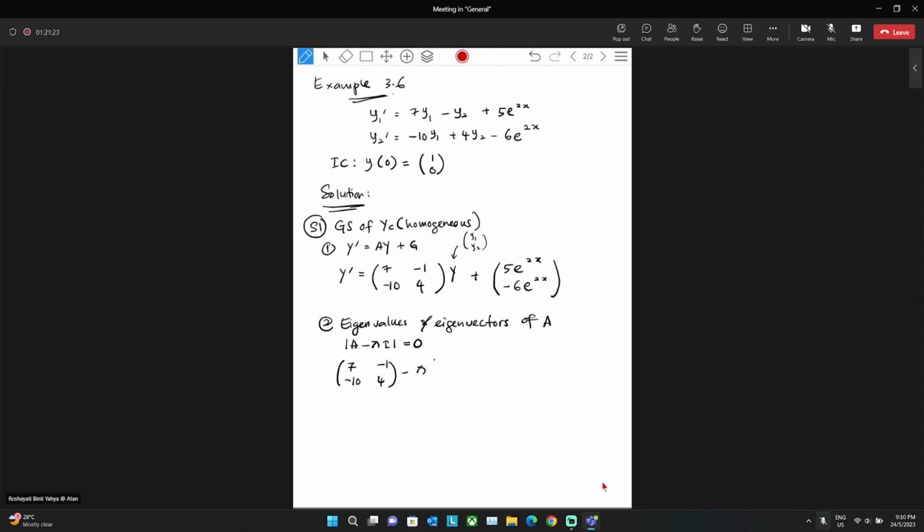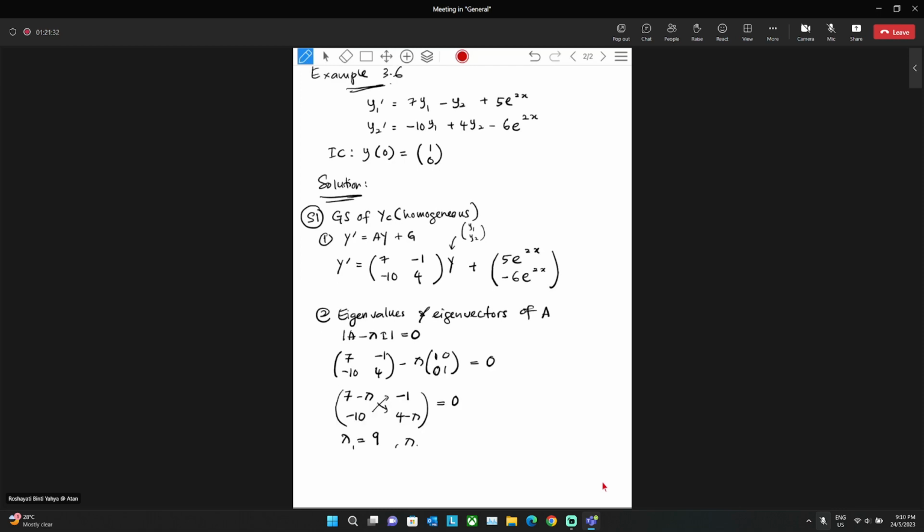And then you will get lambda equal to 9. Okay. And then lambda 2 equal to 2. Ulang lah. Lambda 1 equal to 2, lambda 2 equal to 9 pun acceptable juga.